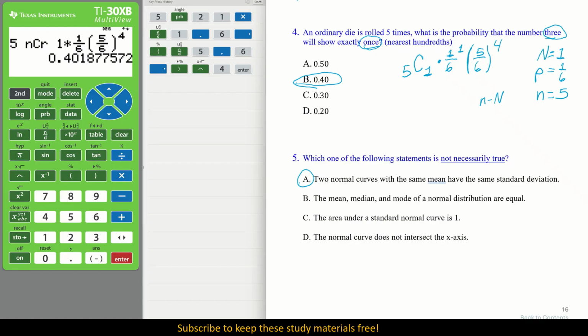B: the mean, median, and mode of a normal distribution are equal. Yes, that is definitely a property, so that's true. We don't want that. You remember the picture at the first of this video where I drew the normal distribution. We've got our z-score of 0, where the mean, mode, and median are all equal. Now let's look at C: the area under the standard normal curve is 1.